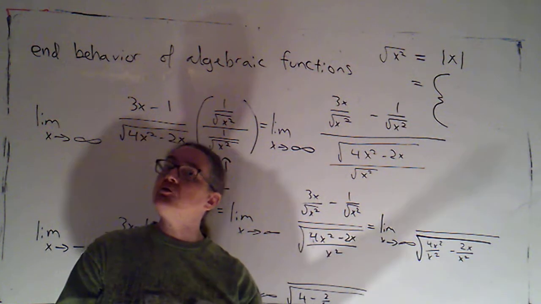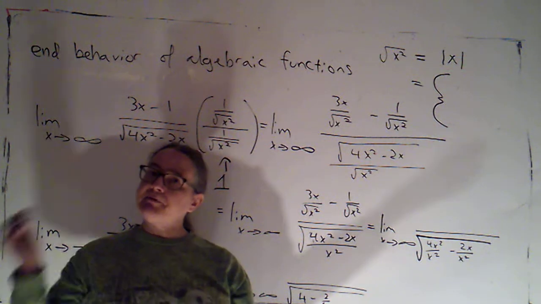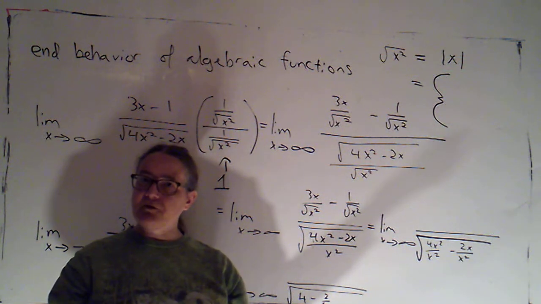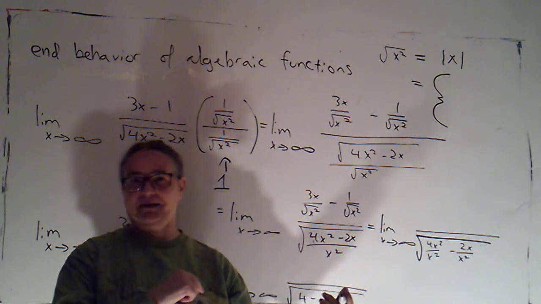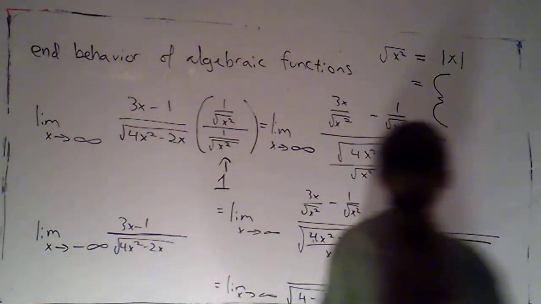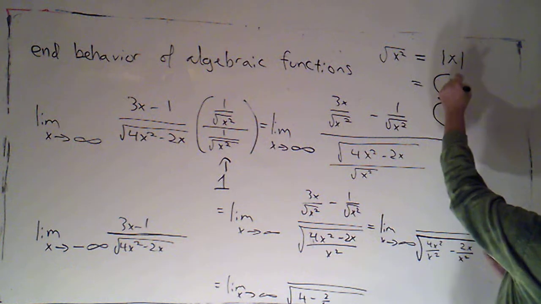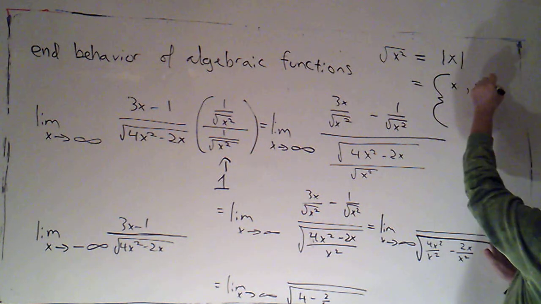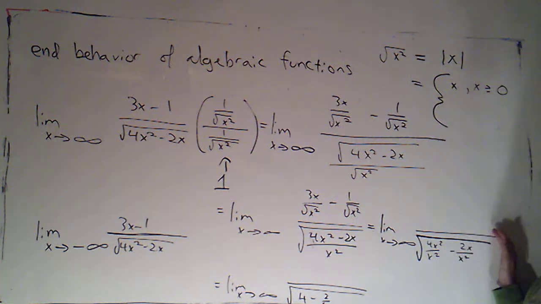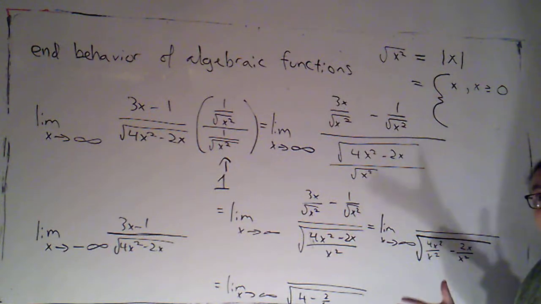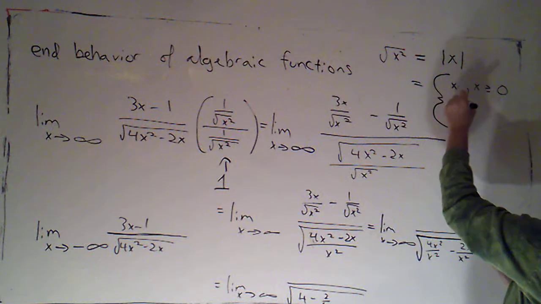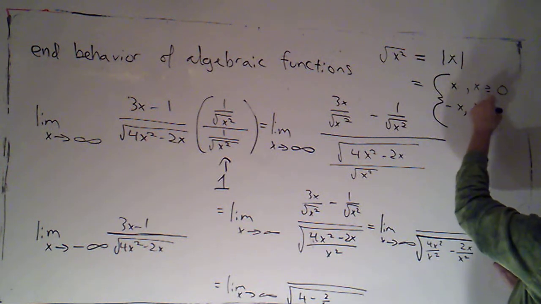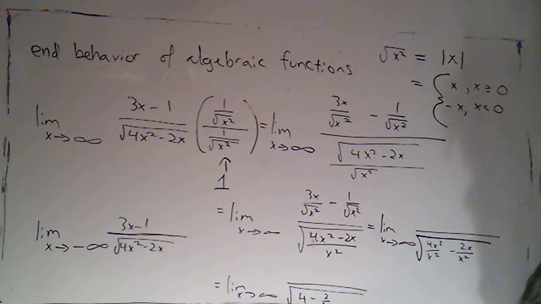There, the absolute value does change it. So if I plug in something negative, the absolute value function tells me to take the opposite. So the absolute value of x is x if x is bigger than or equal to 0. If I plug in something that isn't negative, the absolute value doesn't change it. But it's the opposite of x if x is negative.